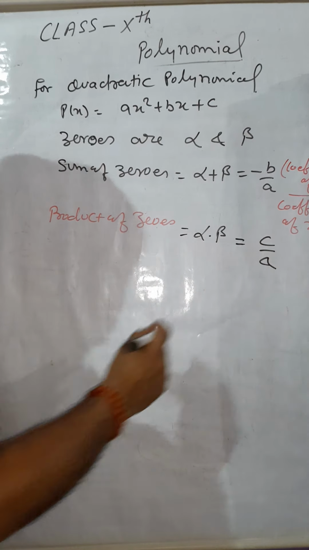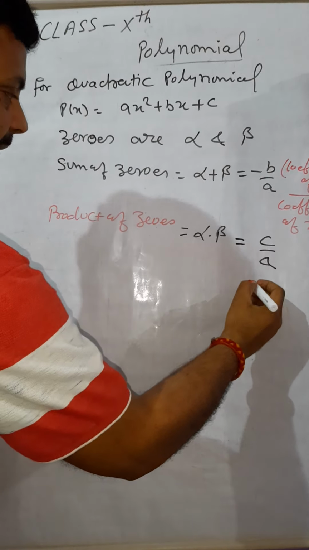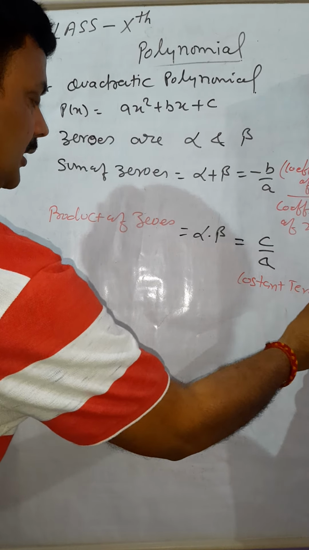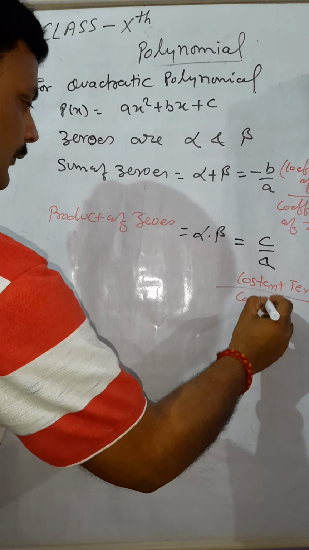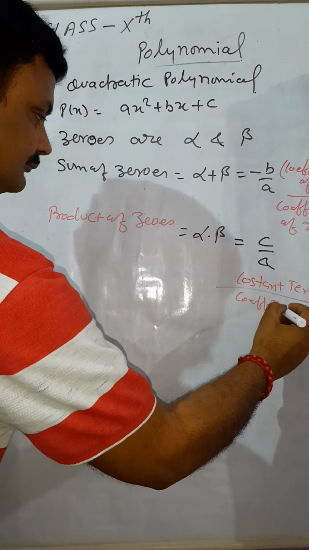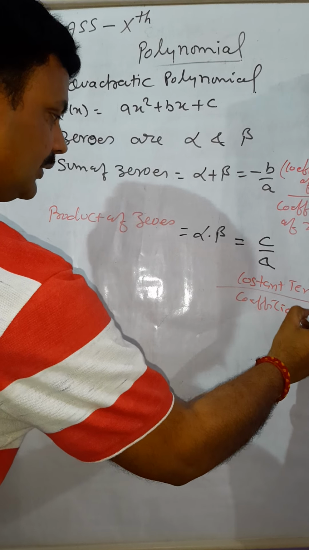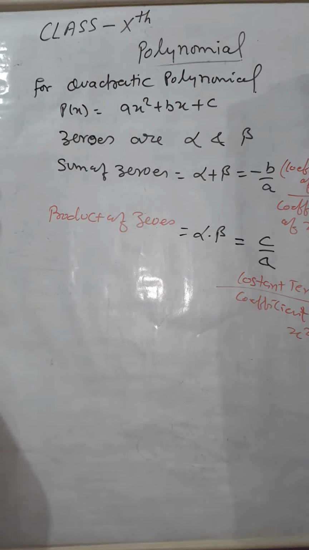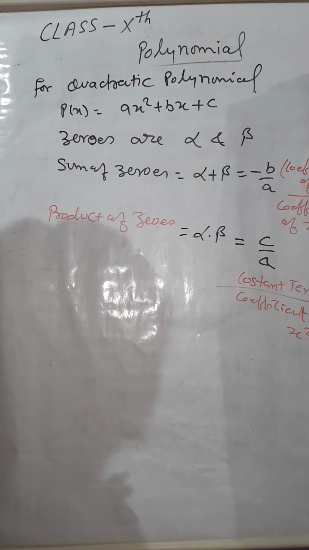C is a constant value. It means the constant term upon the coefficient of x square. Let us take one example.